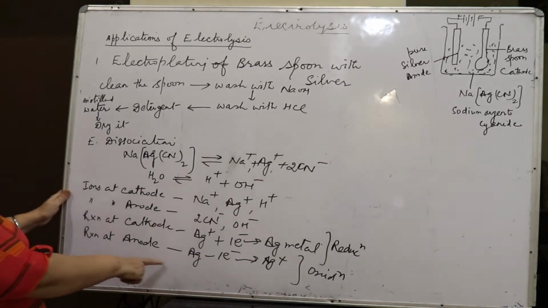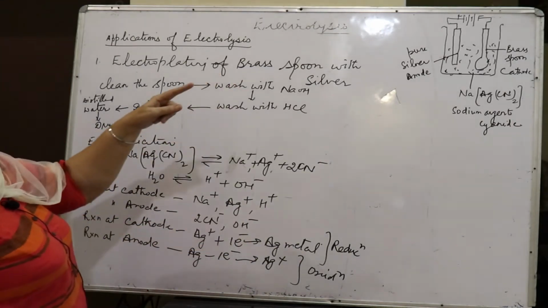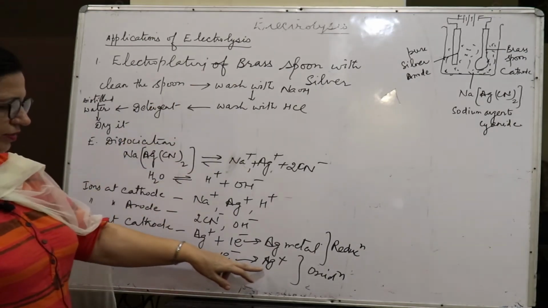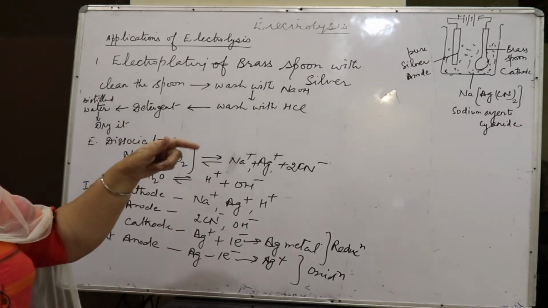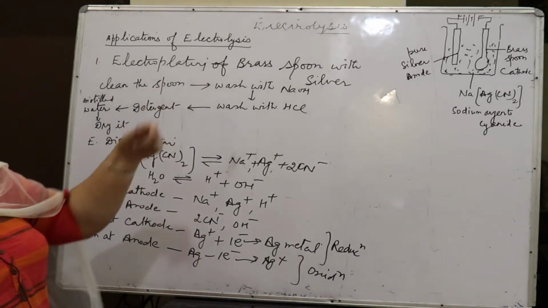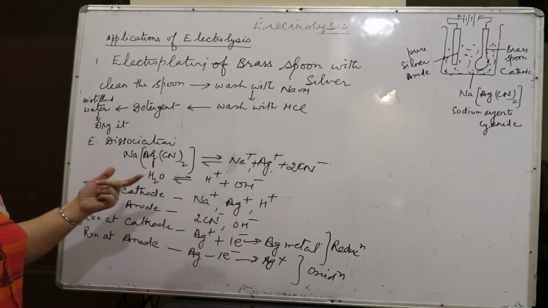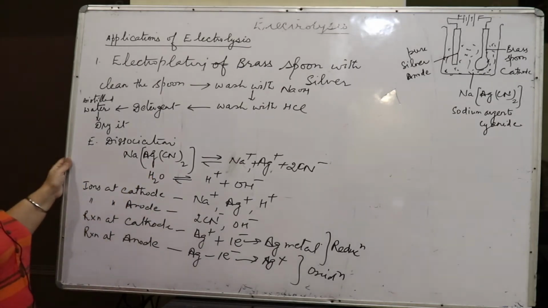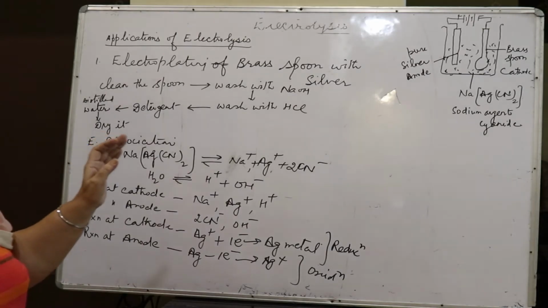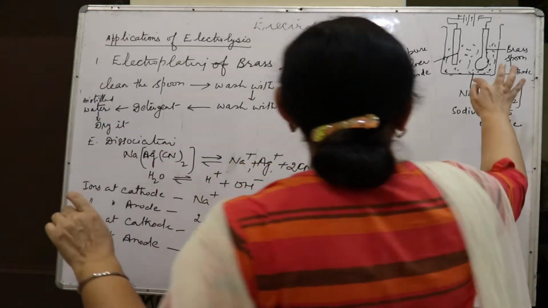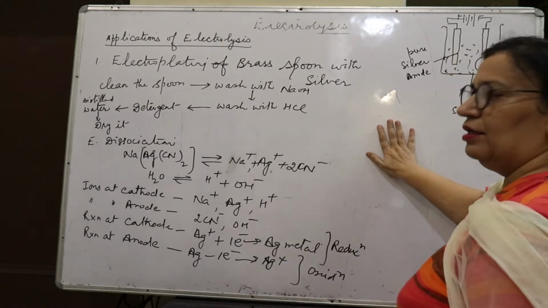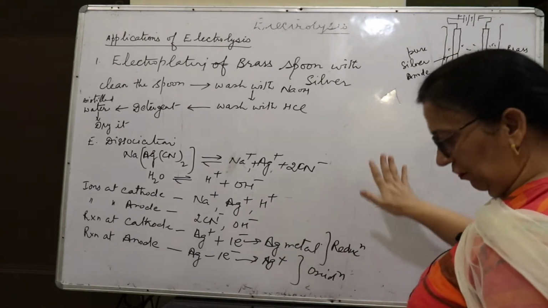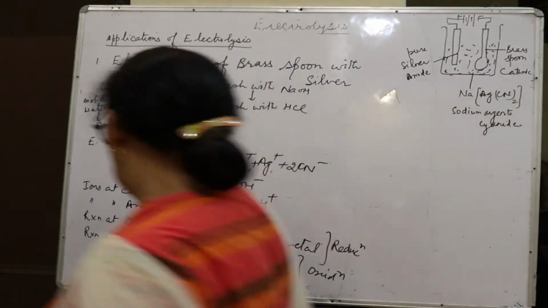And reaction at the anode: as the anode itself is made up of silver, it will lose one electron and become Ag+, and these Ag+ ions will go into the solution and from the solution get deposited on the brass spoon, that is at the cathode. When the whole spoon gets covered with the silver layer, remove it, wash it and polish it. So this is the way of electroplating an article with a superior metal.